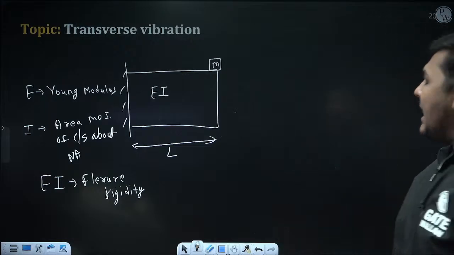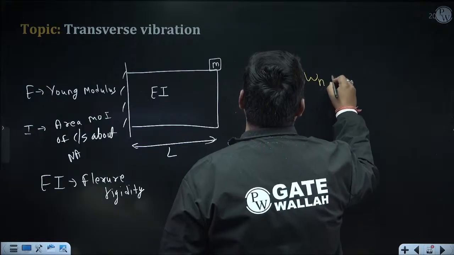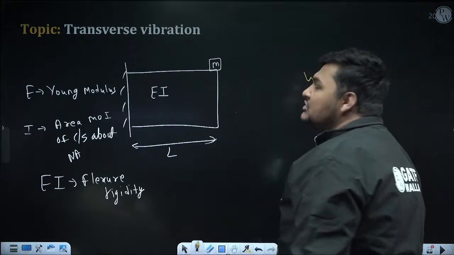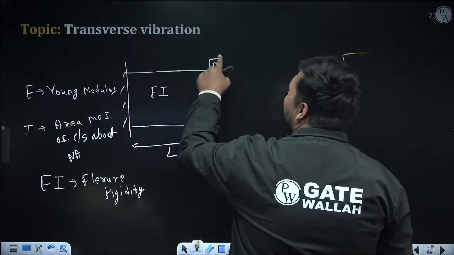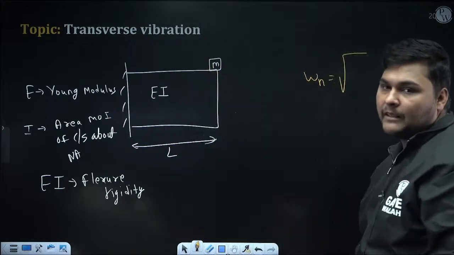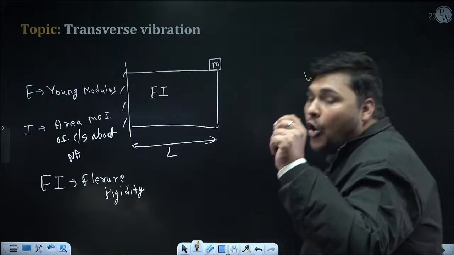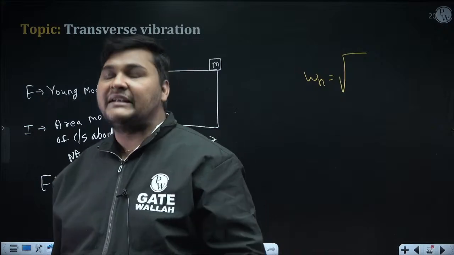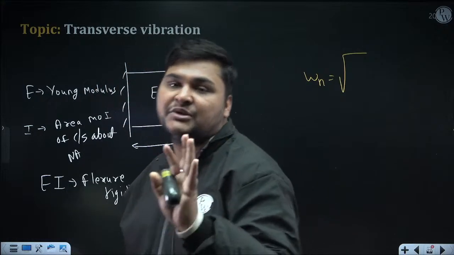Now again, if I want to calculate the natural frequency of transverse vibration in this case, again I can use the equivalent stiffness method. Because in this structure also only one point mass is involved, which is m, because the beam is massless. And second, restoration is occurring only due to stiffness. But now that stiffness is not axial stiffness, that stiffness is bending stiffness.